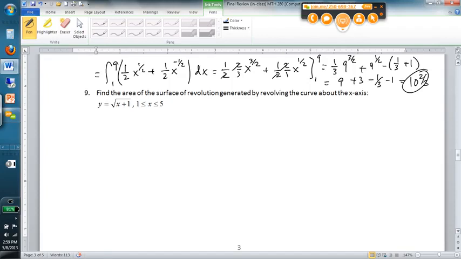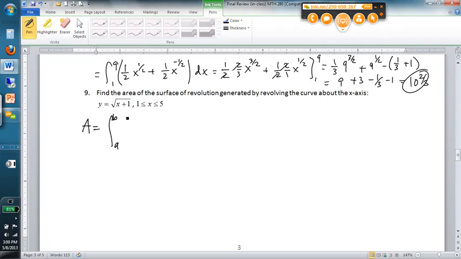All right, number 9. Find the area of the surface of revolution generated by revolving the curve about the x-axis. Well, that's also a little formula. Call it A, call it S, whatever you want to call it. What is the formula there?